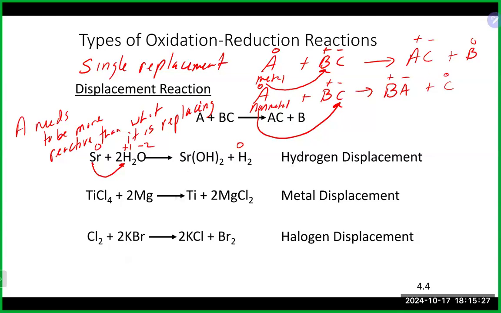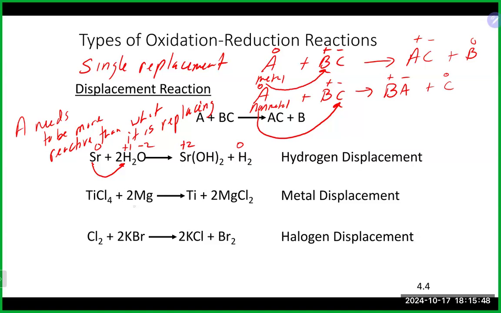And the strontium, in this case, becomes +2. So here the hydrogen is changing from +1 to 0, and the strontium is going from 0 to +2. It is being oxidized to strontium. It's becoming more positive, and this is a redox reaction, obviously, that's taking place.